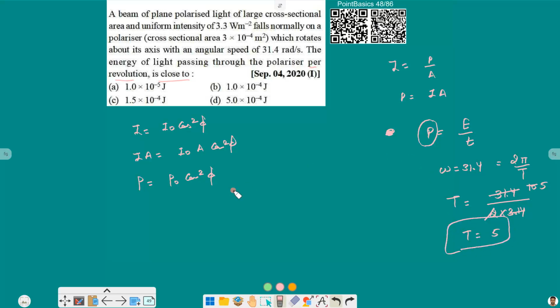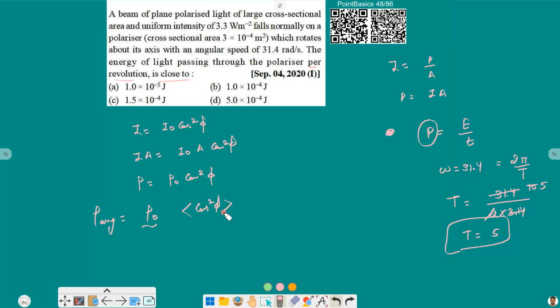So we need to calculate the power. As we have to calculate power for the whole single rotation, we can take the average value. So average value of power will be P naught, because P naught is constant, so its average value will be equal to its original value, that is P naught, into average value of cos square phi.